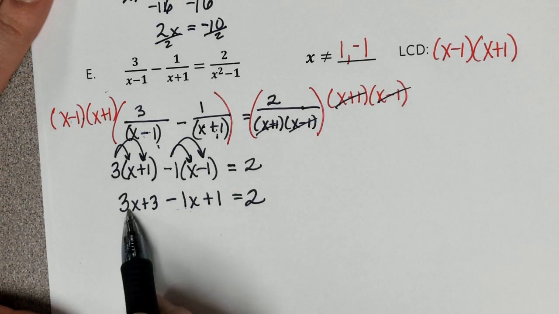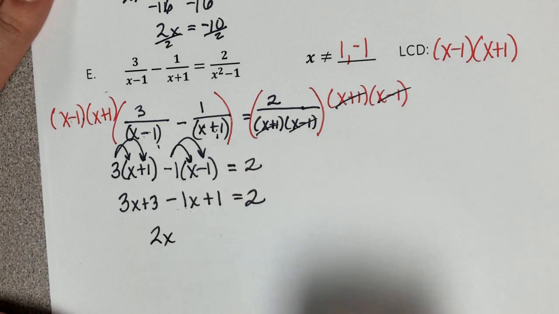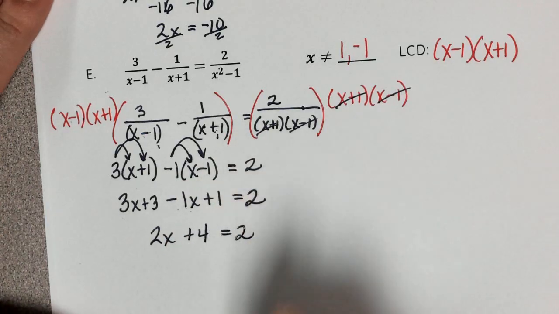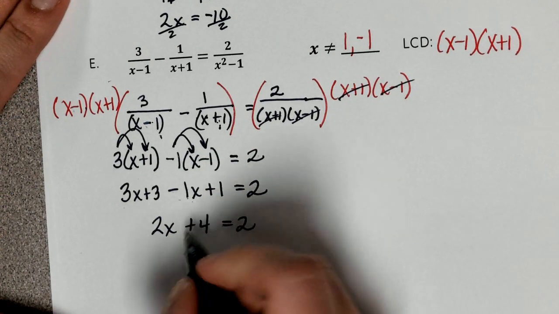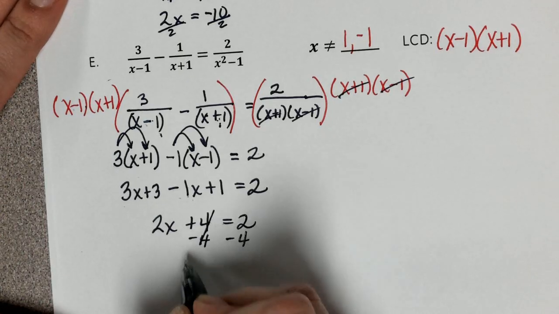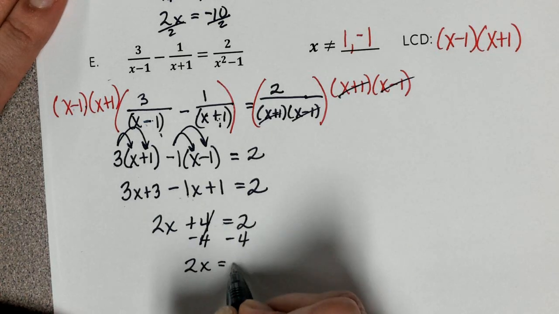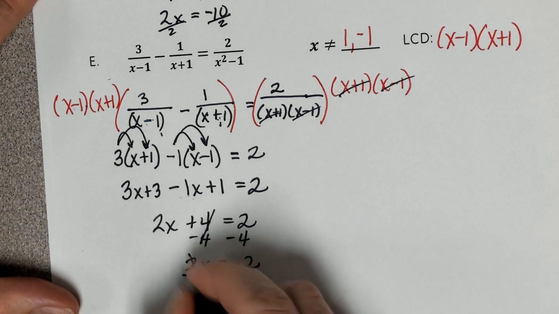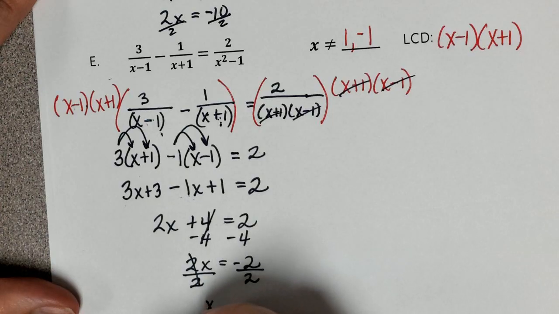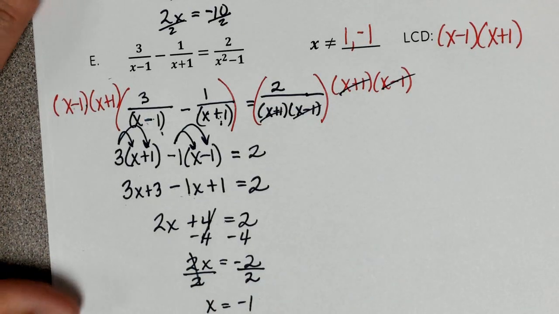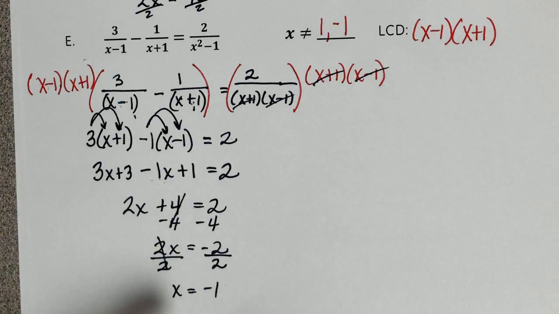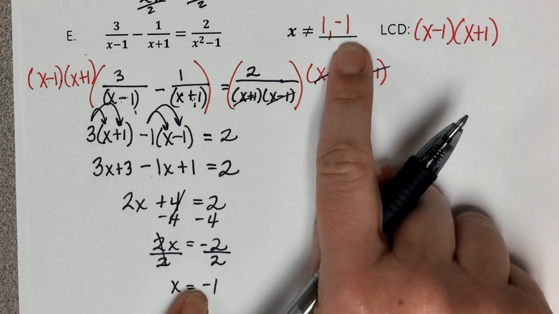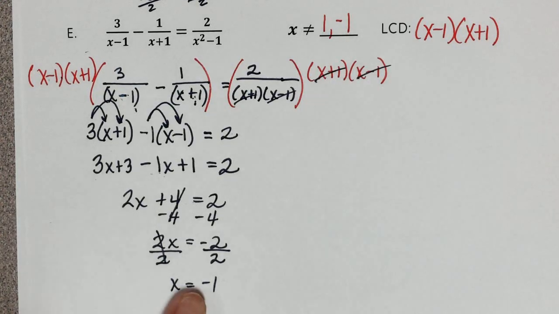Okay, so that's the part we got to be careful of. Combine like terms, so 3x minus an x is 2x, and 3 plus 1 is 4. Then we subtract 4. 2 minus 4 is negative 2. Then divide by 2. x is negative 1. But when I compare that against my restriction, it matches a restriction. It matches an excluded value. x cannot equal this number.